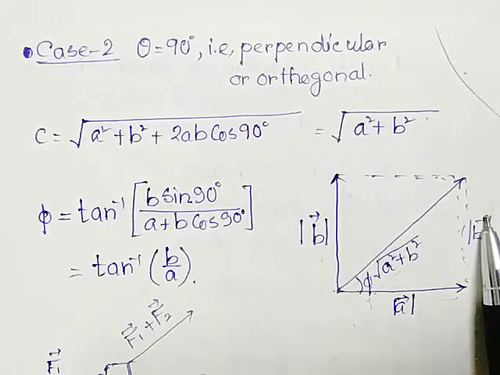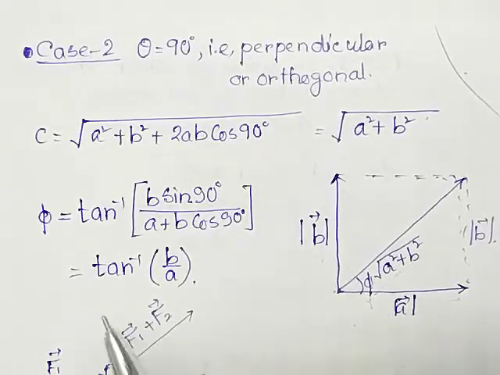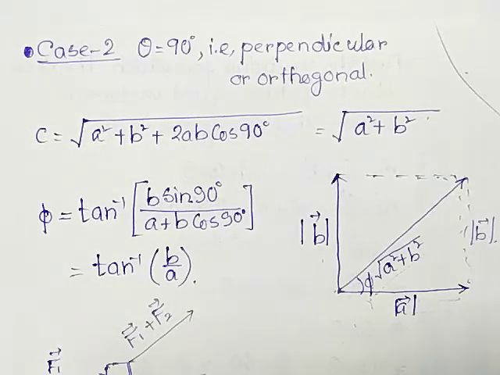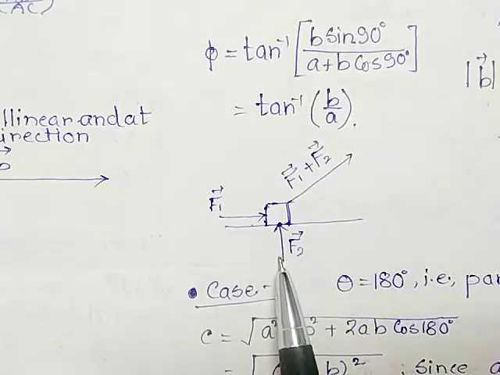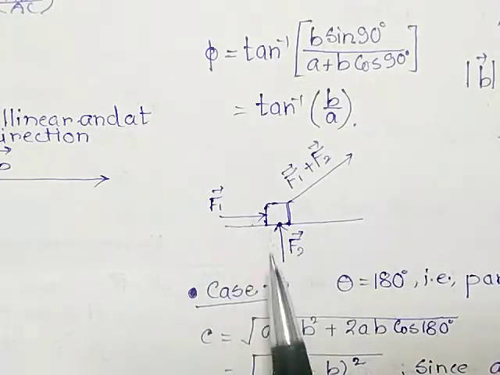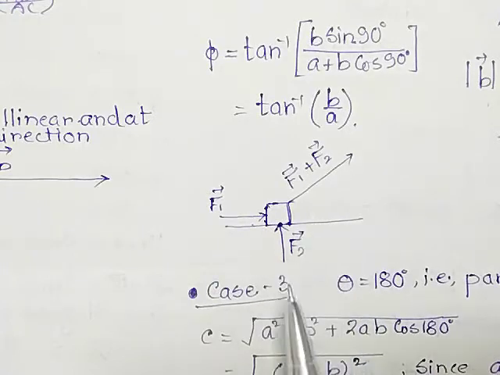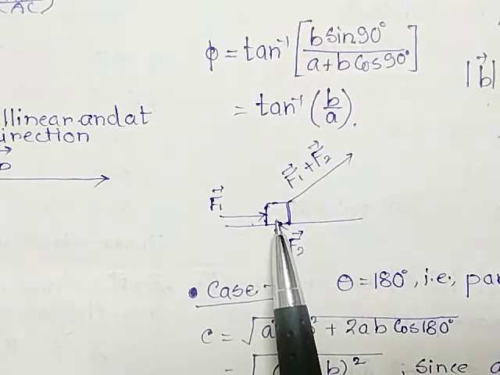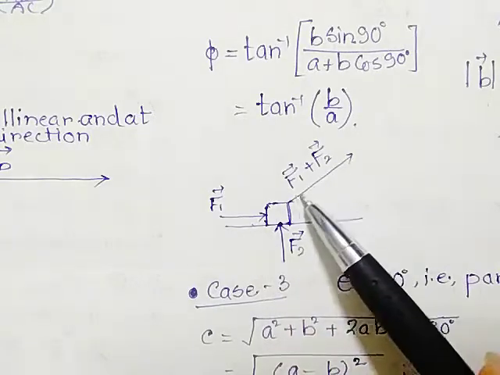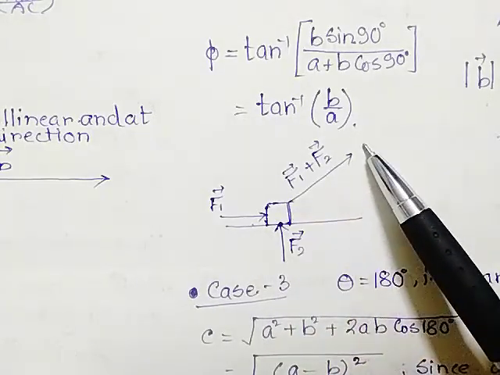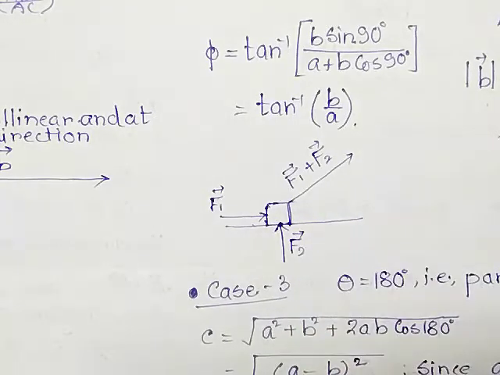So perpendicular divided by base: tan phi equals b by a. So you can find the direction this way. On this object, if the F1 vector and F2 vector act in perpendicular directions, one along this direction and another along this direction, then the resultant will be along F1 vector plus F2 vector.